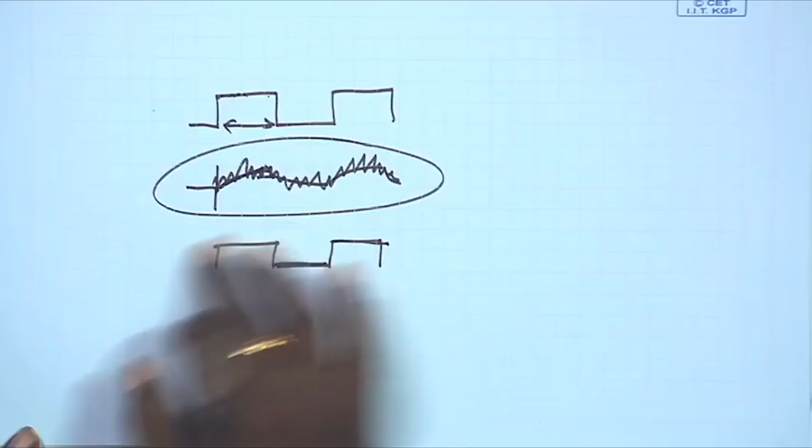That is why digital communication is much more effective in terms of noise cancellation and all other things. And there are other techniques also: if a bit is getting erroneous, you can check whether it is erroneous or not, and you can correct it.